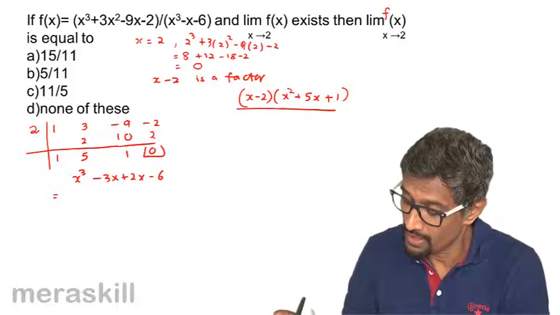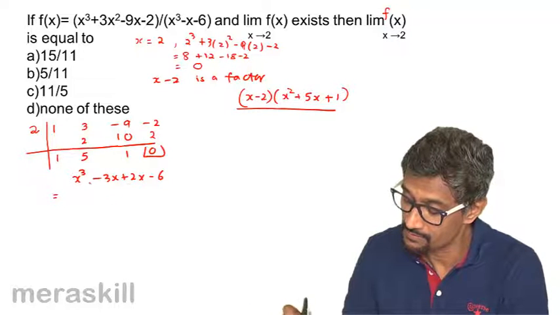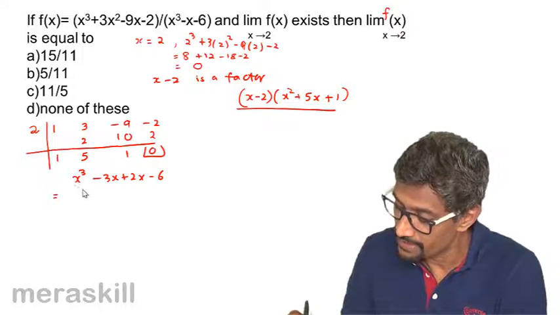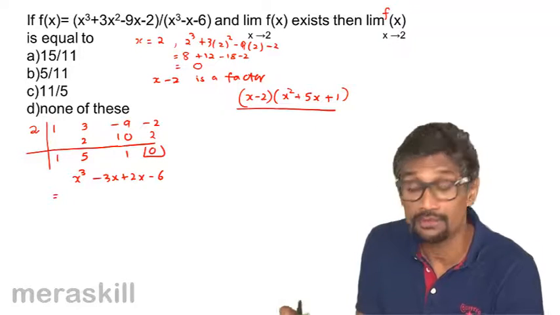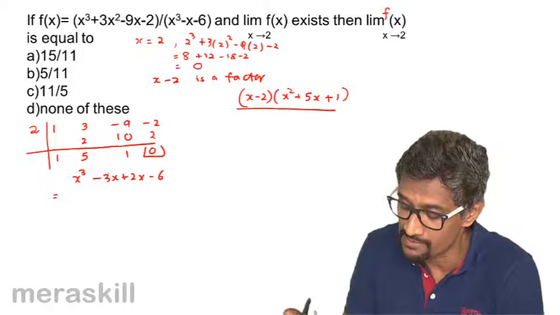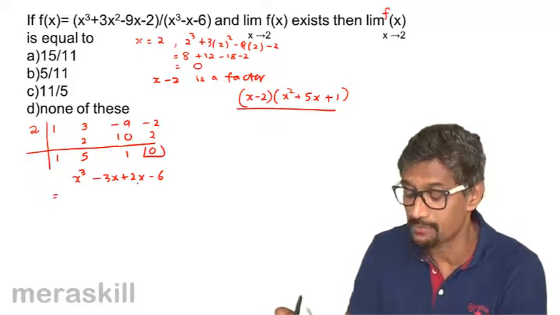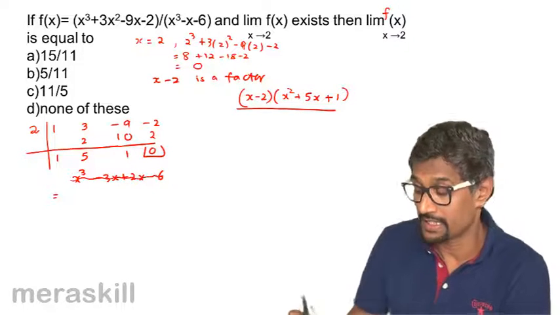So x cubed minus 3x minus 2x plus 6, can we factorize this? No, it doesn't seem to be happening. If we take out x common, you get x squared minus 3, and this is 2 into x minus 3, which may not happen. So we may have to do it by synthetic division.